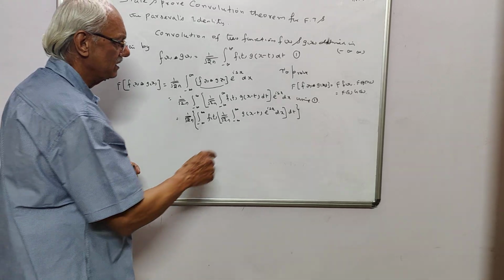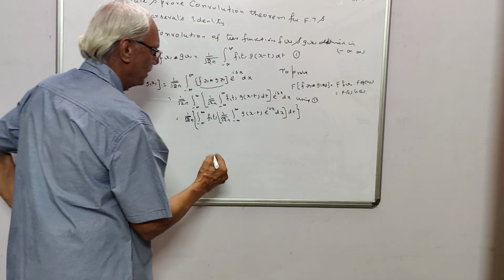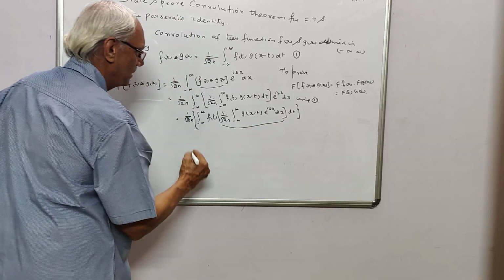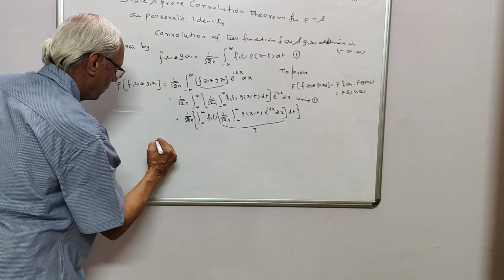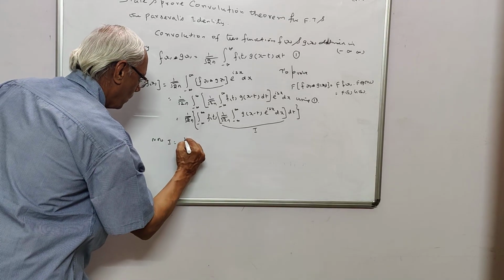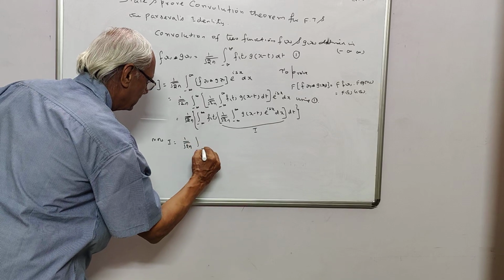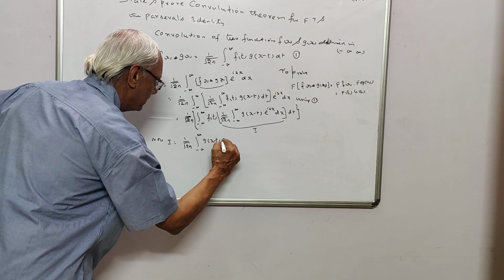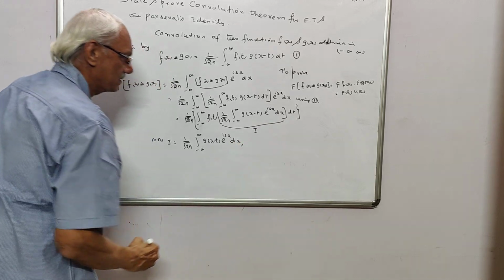Now you see that here this is isx. Now let me take this and call it I. I is equal to 1 by square root of 2 pi, integral from minus infinity to plus infinity, g of x minus t into e to the power of isx into dx.